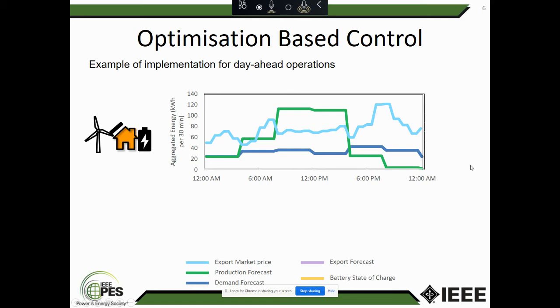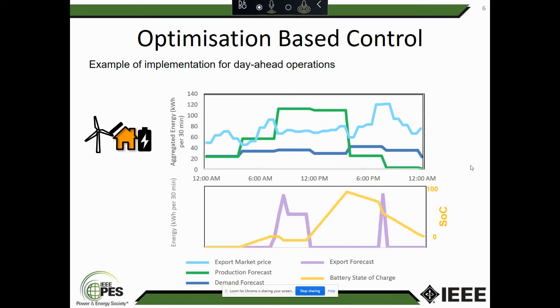And based on that, using the formulation that we just saw in the previous slide, we provide a schedule for the battery. We see the state of charge in yellow, and we see all the exports for the following day. So here the battery is exporting when the price of electricity is higher.